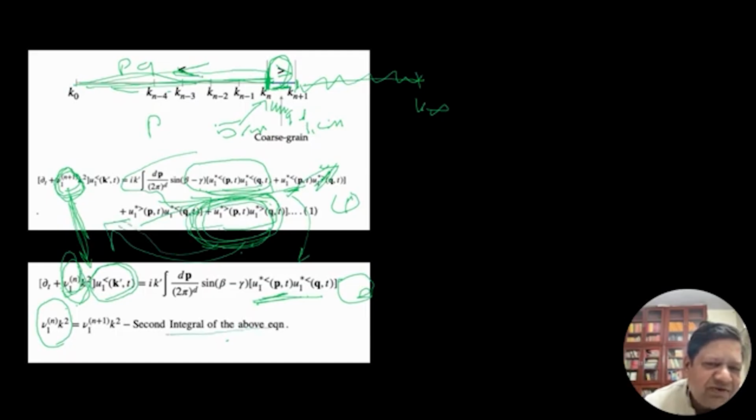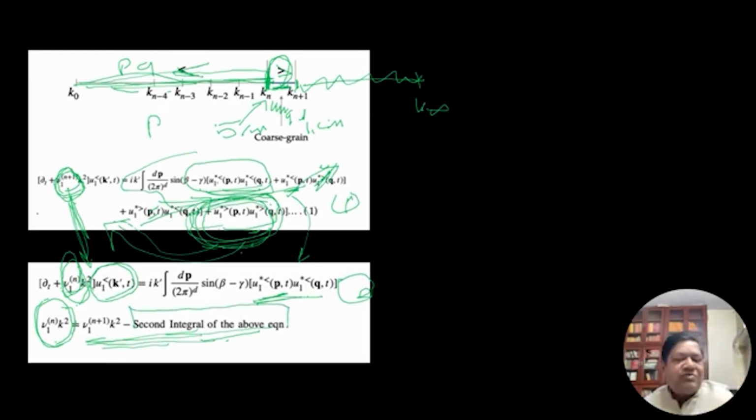So the second integral of the above equation. By the way, there is an integral here, so this integral continues for all of them. I am ignoring this, so I am calling it first and second. The second integral goes to the left hand side, and so add that to nu n plus 1 k squared. The second integral will be subtracted because it goes to the left side. This is nu n k squared. It turns out the second integral has a negative sign. So negative becomes positive.